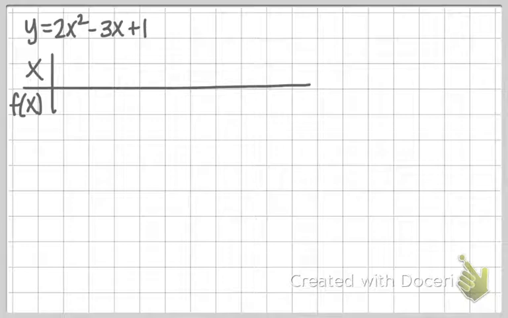We speculated that because it has a constant change, you think to yourself, what's that function that has a constant change? And that is going to end up being the linear function. So let's prove that. So if you do the table for this 2x squared minus 3x plus 1, here's what you end up getting.